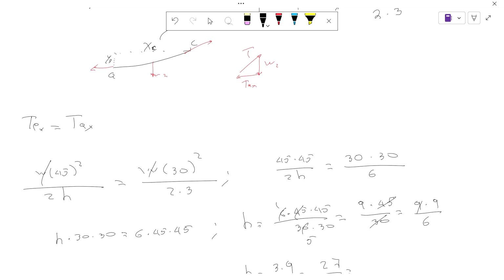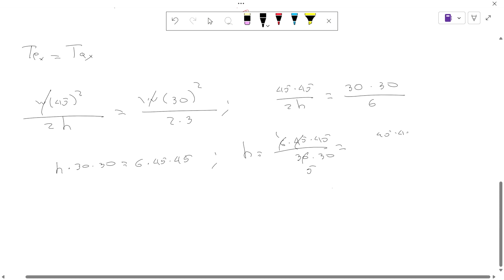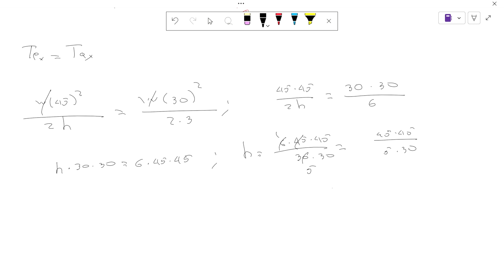Oh, wait a second. This is why, because I dropped the 5 here. All right. Did I? Let me see. I don't think I did. So this is 45 times 45 divided by 5 times 30.